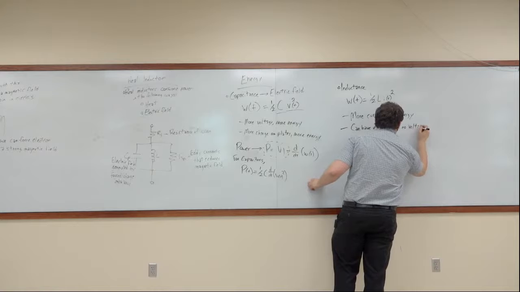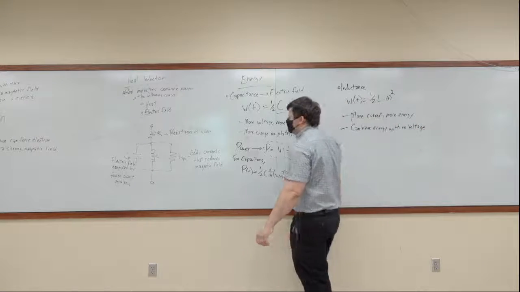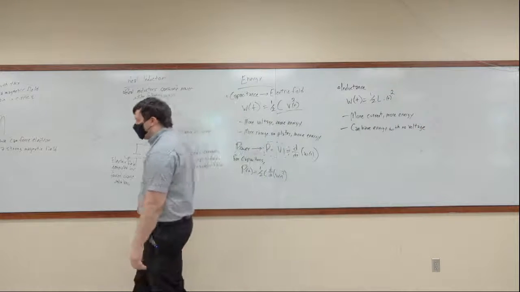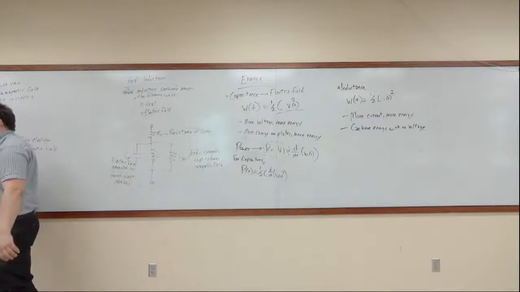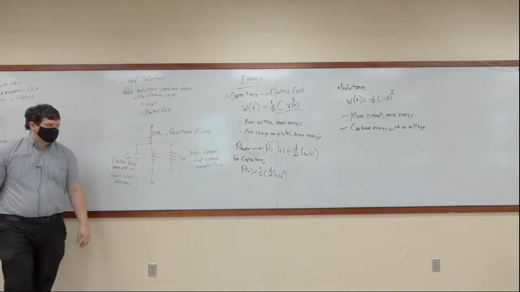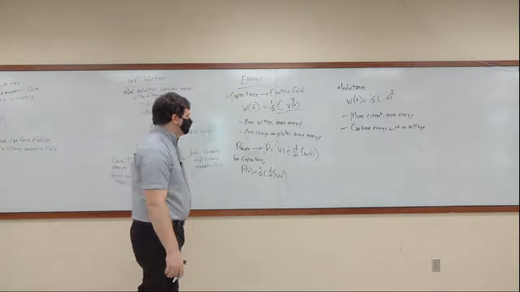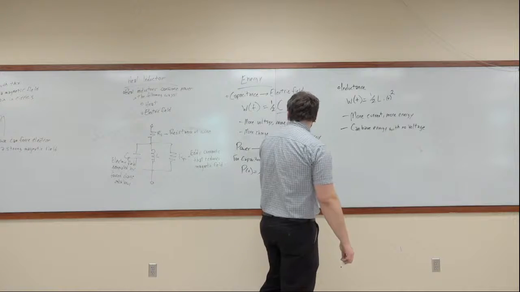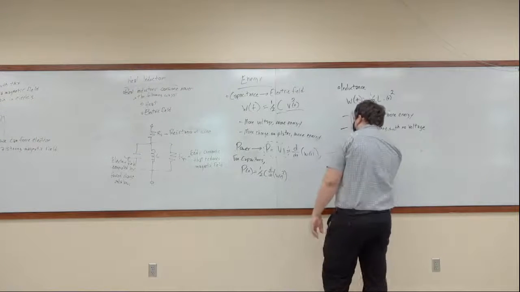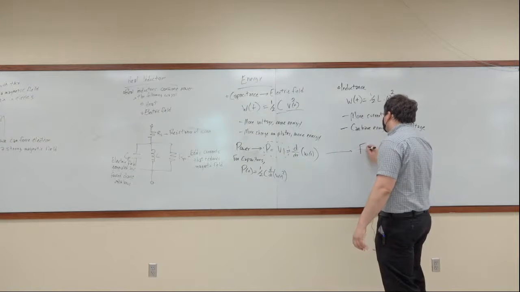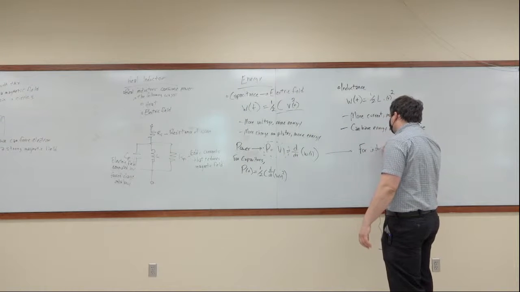It does not require a voltage for there to be energy inside of a capacitor. All it requires is for there to be a current flowing. That said capacitor, I meant inductor. Now, once again, your power equations over here are still true for inductors.